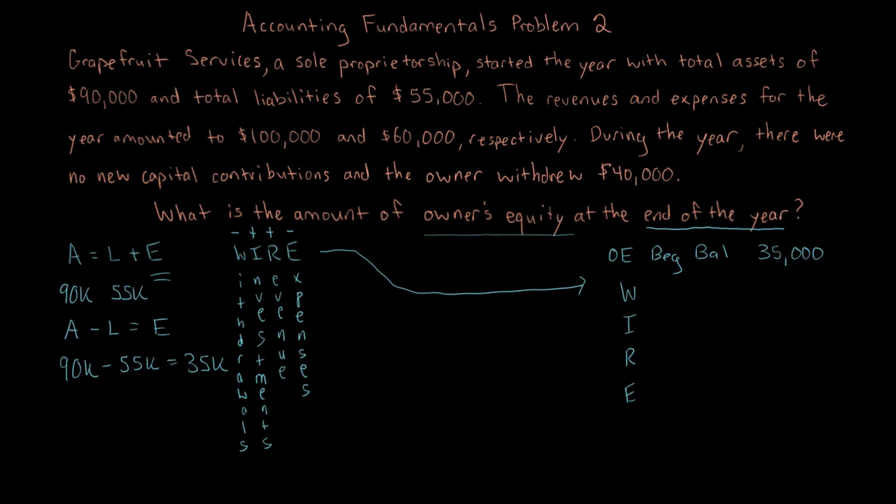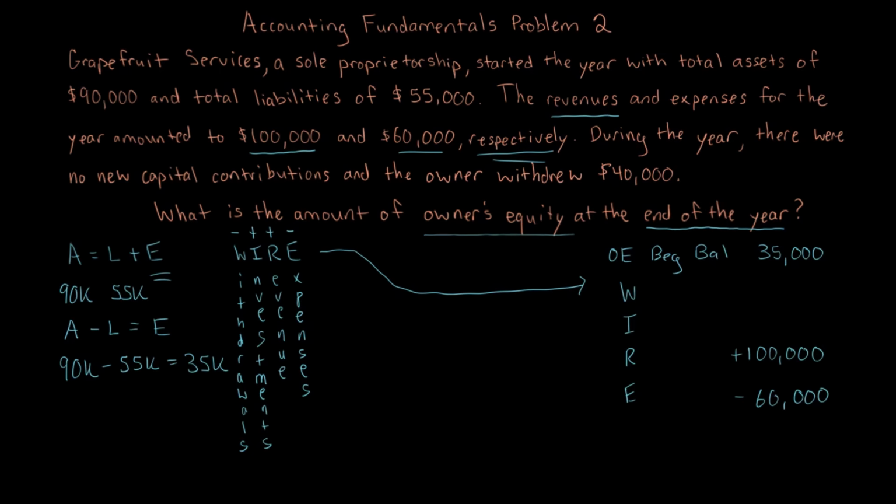So here we're given that the revenues are $100,000 because it says respectively, so make sure you note that, and then the expenses are $60,000. So we can write that. So we're going to write down revenues $100,000, expenses $60,000, and we go back to our WIRE and we see that revenues increase, expenses decrease. So revenues are going to increase, expenses are going to decrease.